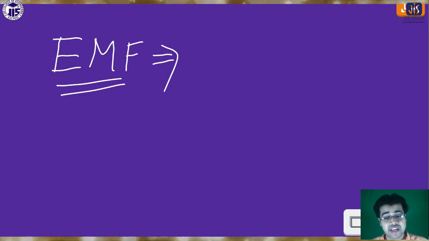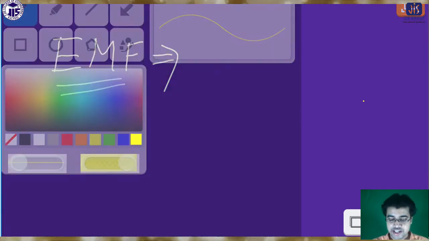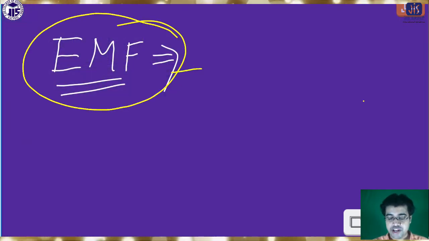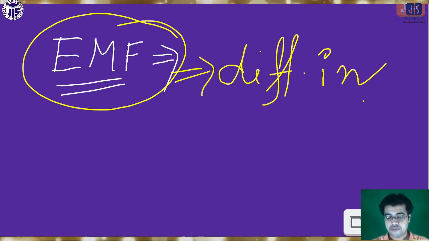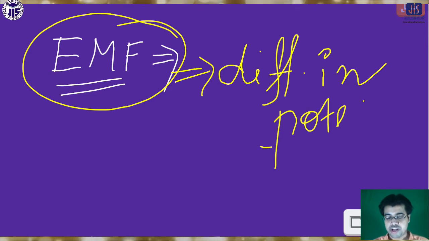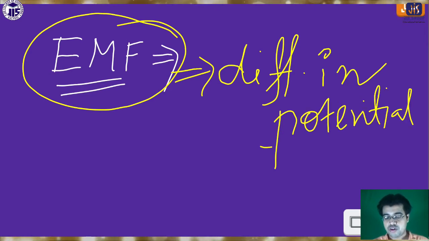It is measured in volts, and this force arises from the difference in potential between the two electrodes. That means this EMF is mainly responsible for the flow of electrons, and it is generated due to the difference in potential between the two electrodes.